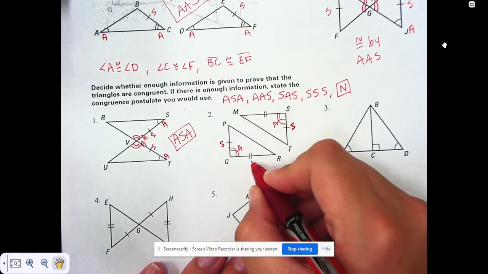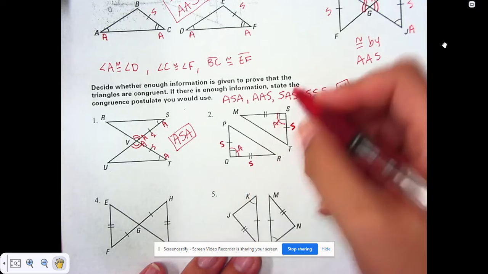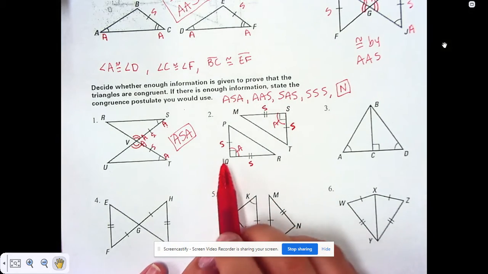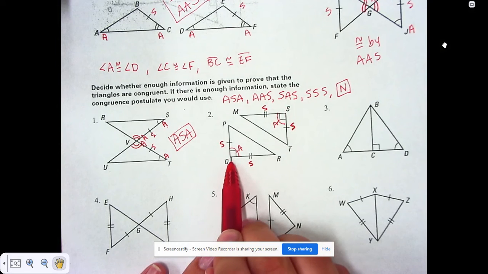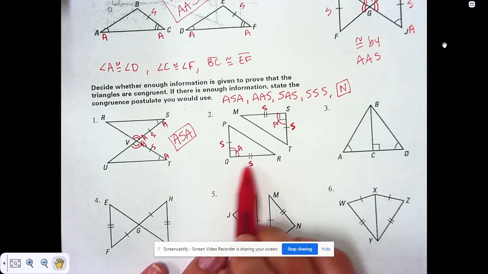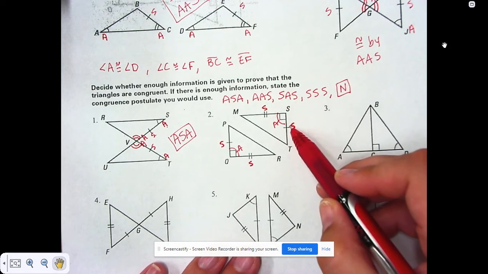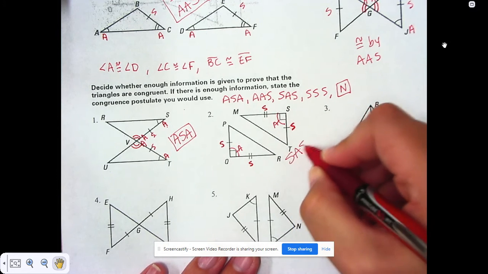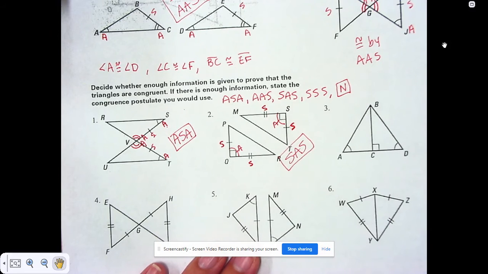And then we have that QR, this side, is congruent to this side. So I'm going to look at one triangle at a time. I have 2 sides and the angle in between. So side, angle, side. I have the same pattern over here, 2 sides and the angle in between. So my answer here is side, angle, side. Pause the video and do the last 4 problems, and then you can start the video to check.